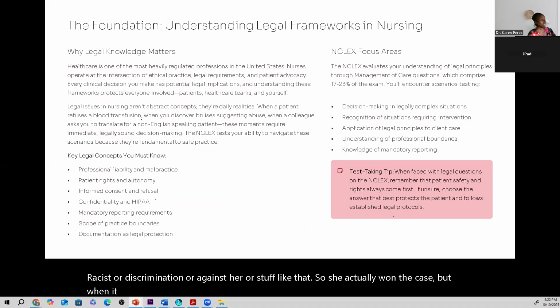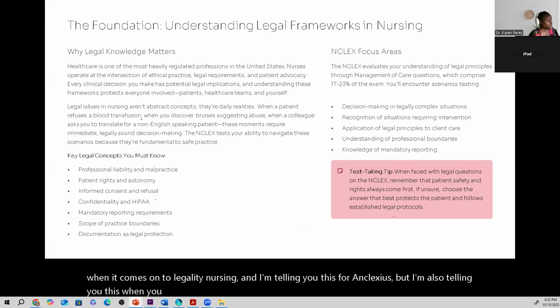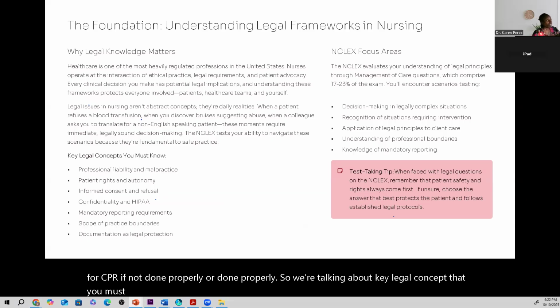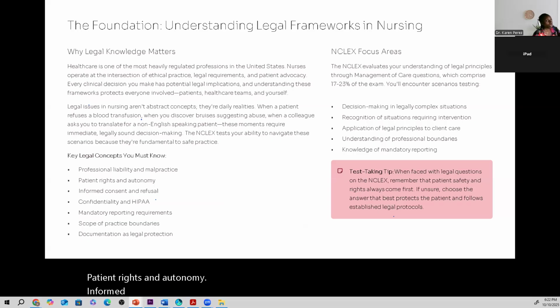But when it comes to legality in nursing, I'm telling you this for NCLEX, yes, but I'm also telling you this for when you pass the NCLEX and you start practicing. CPR, I see nurses called for deposition for CPR, whether it was done properly or not. So the key legal concepts you must know are professional liability and malpractice, patient rights and autonomy, informed consent and refusal, HIPAA, mandatory reporting, scope of practice and boundaries, and documentation.